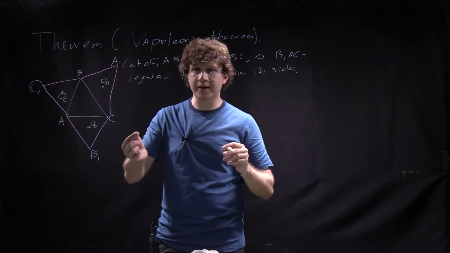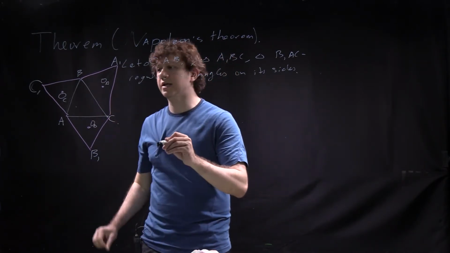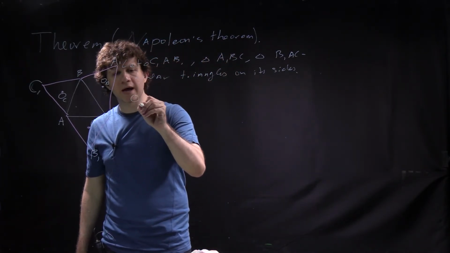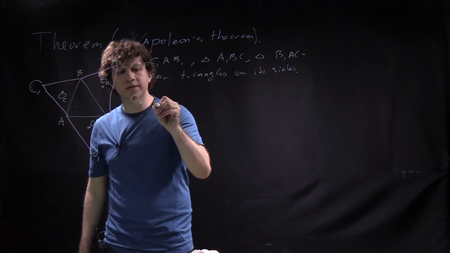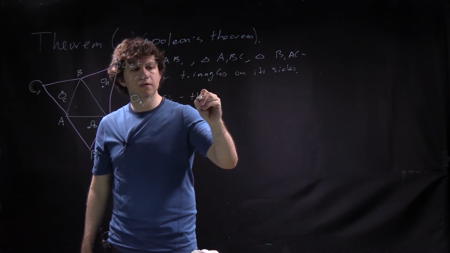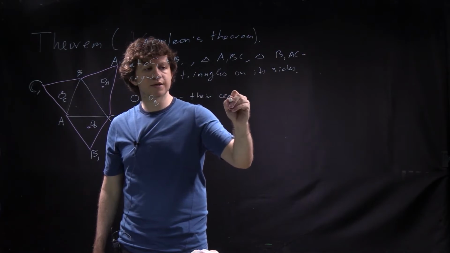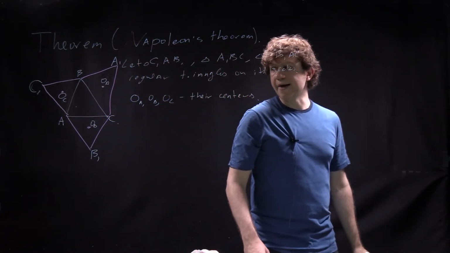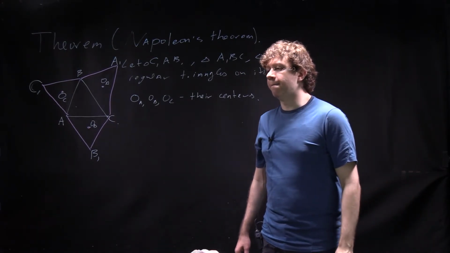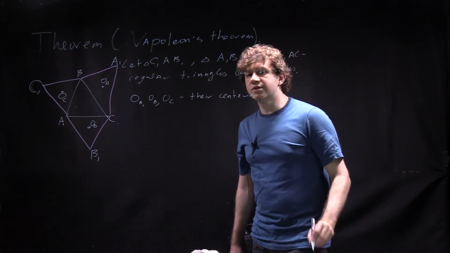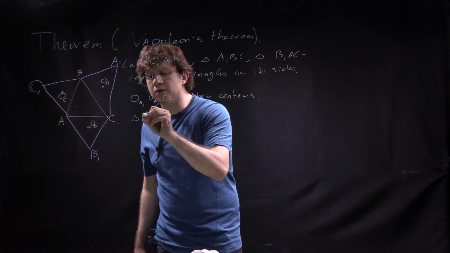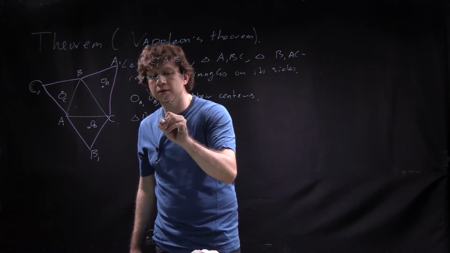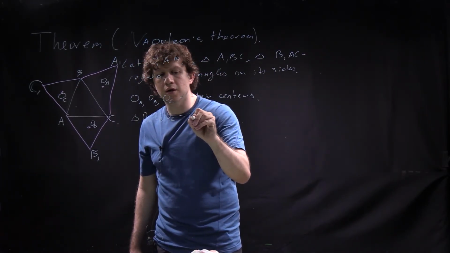So a regular triangle has a center, actually a center of symmetry, so OA, OB, OC are their centers. Okay, so perfect. So then the theorem says that the triangle OA, OB, OC is regular.